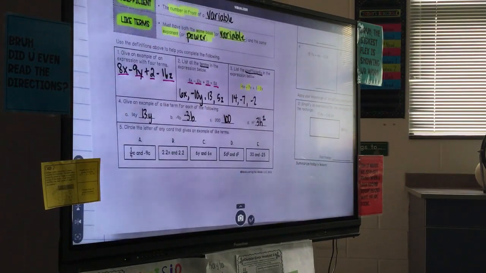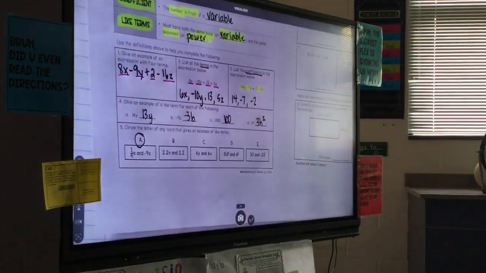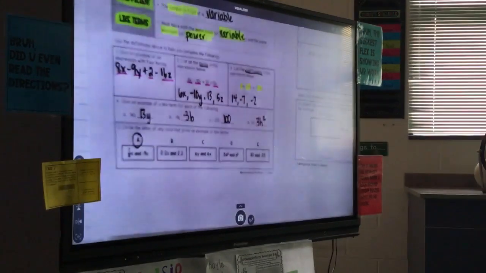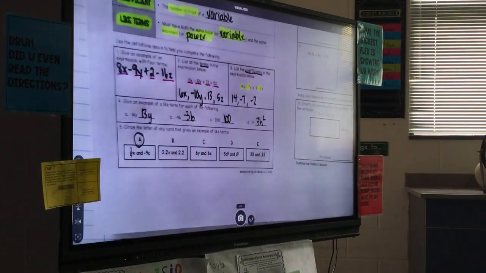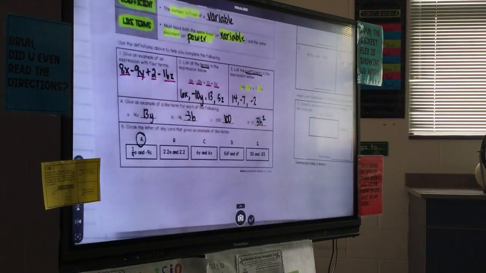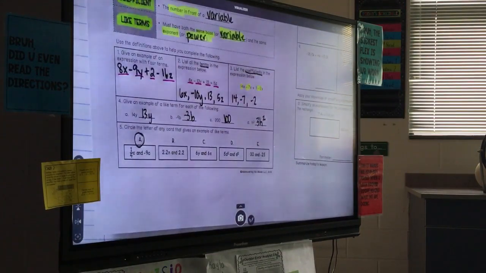All right, Ben, which one, give me one that you circled that was the same. A. Why? Are the variables the same? Yeah, that's why. Okay. All right, what about B? Why not?